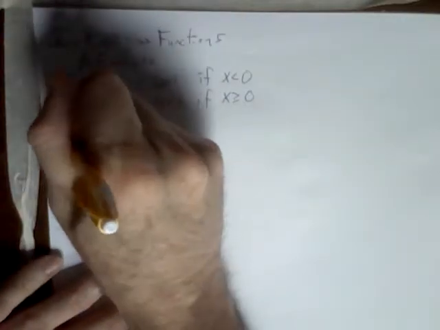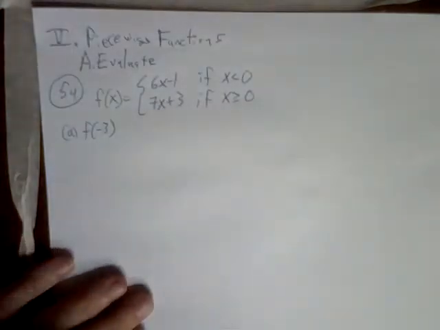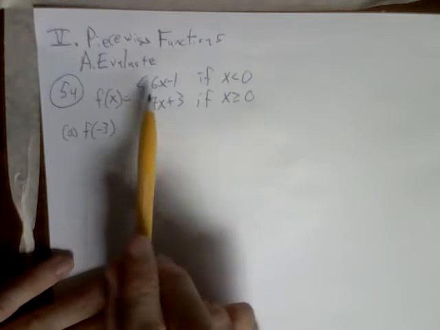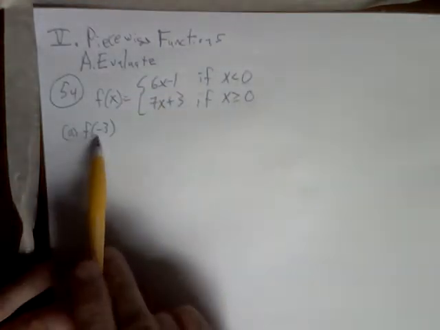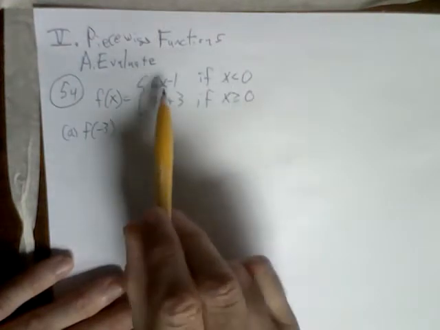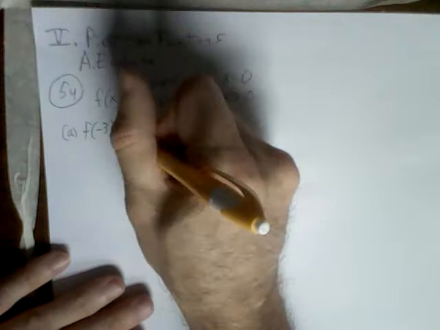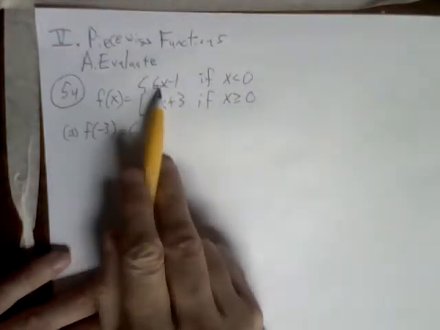Okay. So part A, f of negative 3. The deal is you're picking the function based off of the x value. So in this case, negative 3 is less than 0, so you have to use this first part of the piecewise function. So I'm plugging negative 3 into 6x minus 1.